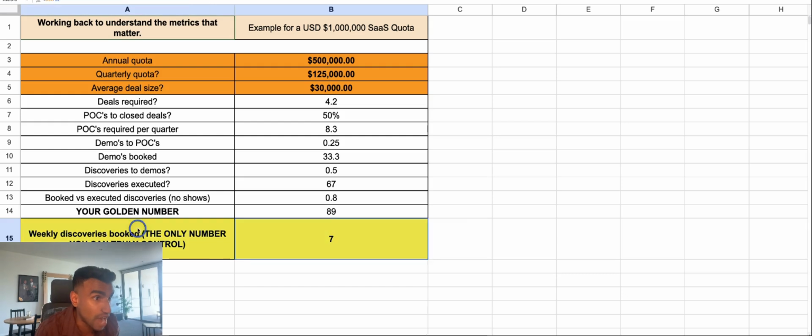This is what you track every week, right? If you miss this 2-3 weeks in a row, you're going to be screwed 5-6 weeks from now, right? Because meetings booked is a lead indicator. Revenue is a lag indicator. If you miss the lead indicators, your lag indicators are going to be screwed, right?